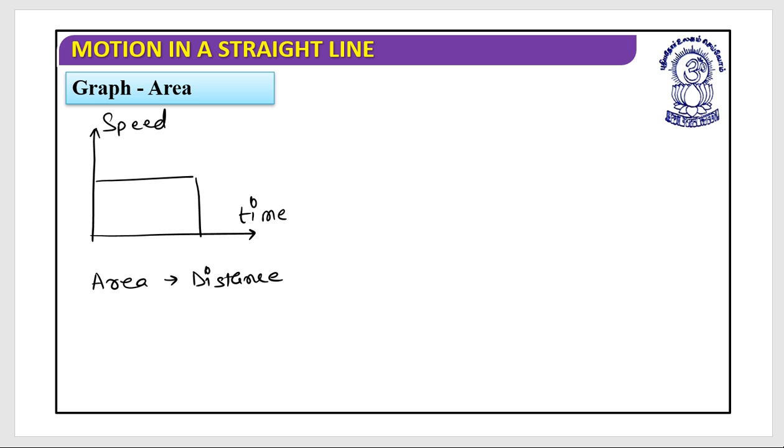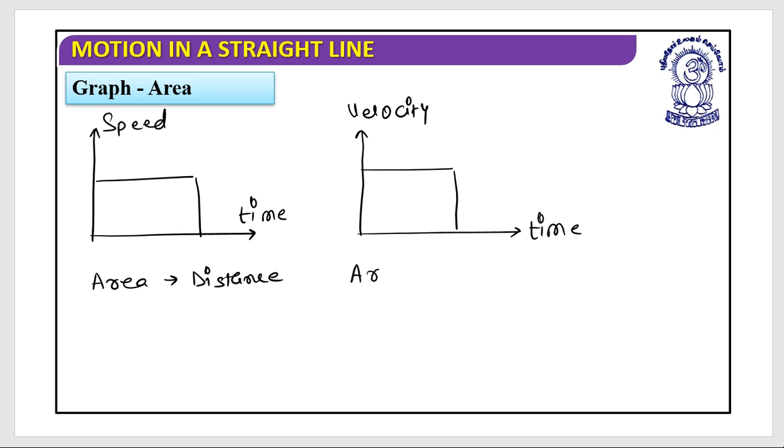And you can easily find out the magnitude from the graph, I'm sure of this. If the given data is, let's say, velocity versus time, then the area of this graph would be the displacement.